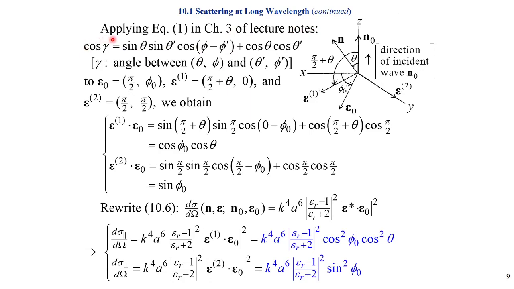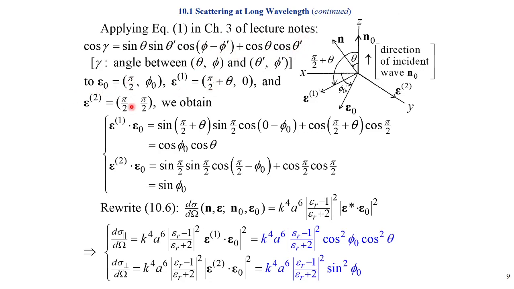We know cosine gamma is the separation angle. Cosine gamma is the angle between theta phi and theta prime phi prime: sine theta sine theta prime times cosine of phi minus phi prime, plus cosine theta cosine theta prime.